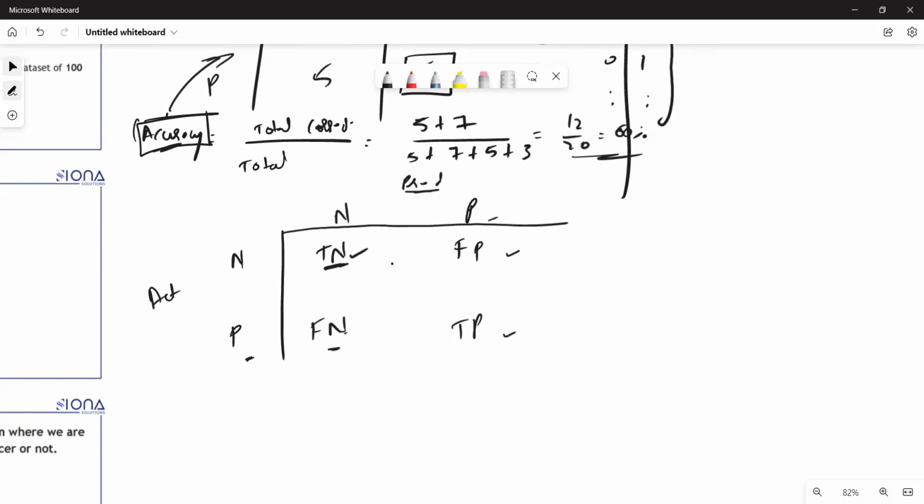If you plot a confusion matrix from the output of a logistic regression, you will get the confusion matrix in this manner. The output will look something like this.